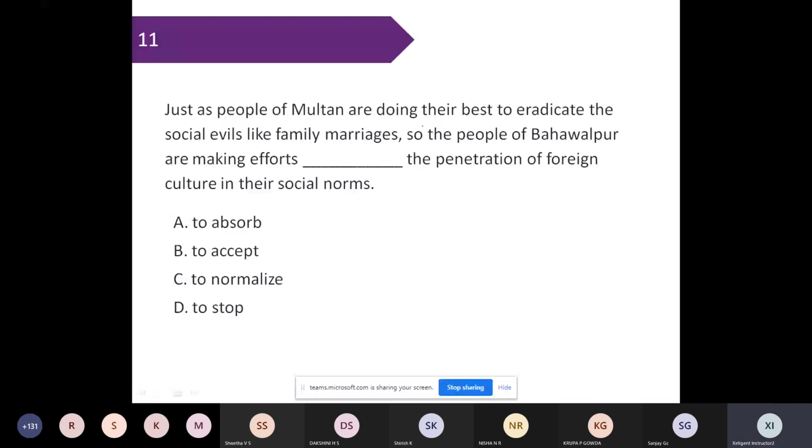To adopt the penetration of foreign culture in their social norms. Will it be correct? Read out the first statement. Read it again and again.